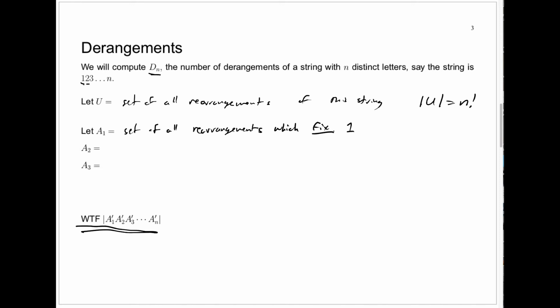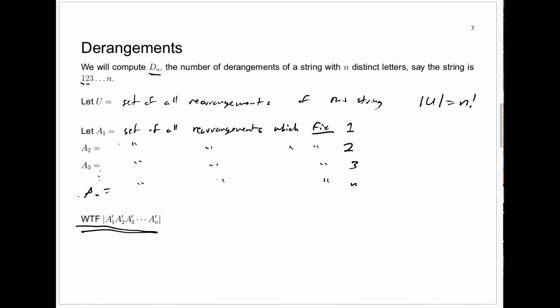That means leave element 1 in its original spot. To be a derangement, of course, our rearrangement will have to not be in A1. But moreover, we can do that for each and every element in our string. A2 will be the set of all rearrangements which fix element 2. A3 will be the same thing which fix element 3. And we'll keep going to A sub n, which will be the set of all rearrangements which fix element n.